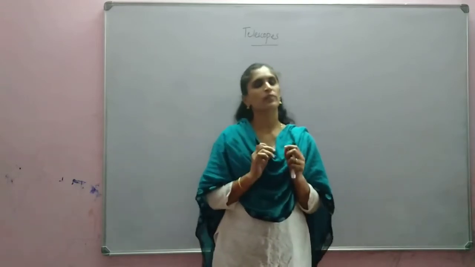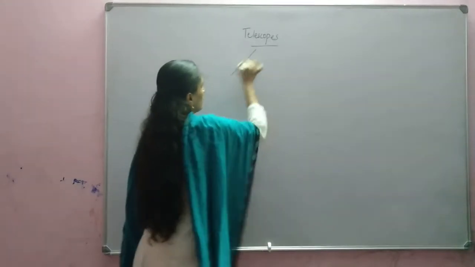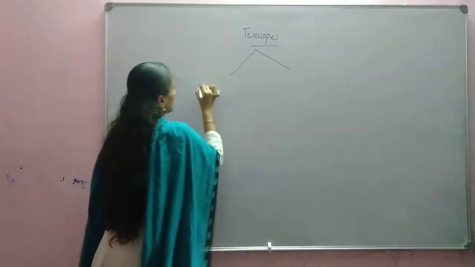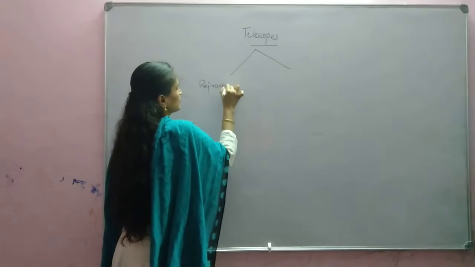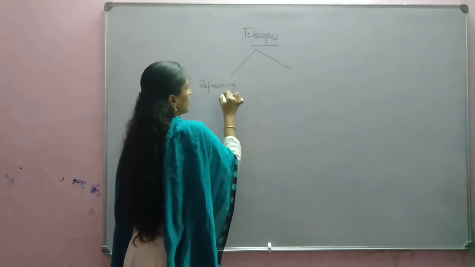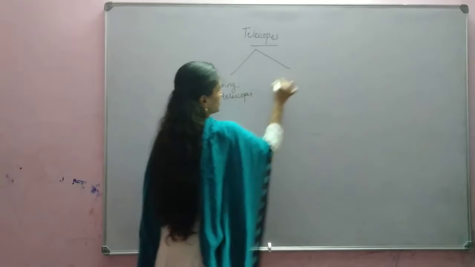And we can classify telescopes into two: refracting telescopes and reflecting telescopes.